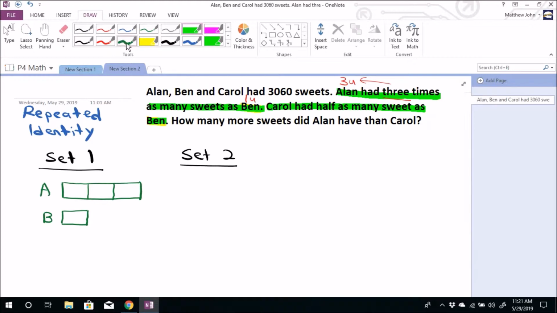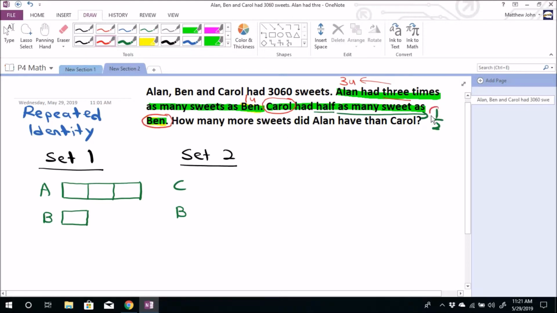So we are comparing Carol and Ben. What's the meaning of half? Half is actually 1 over 2. So again, in this question, who comes first? Carol, right? Then Ben comes.